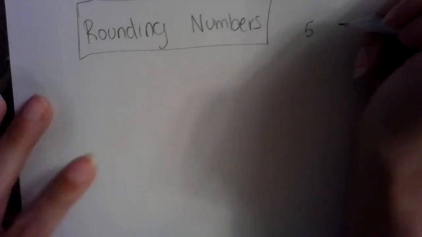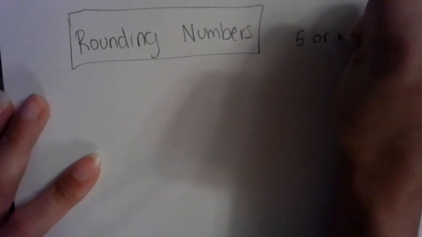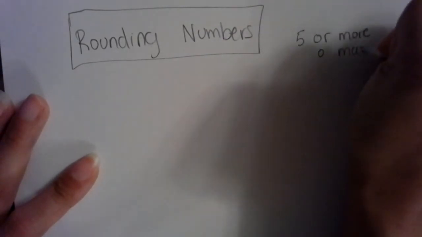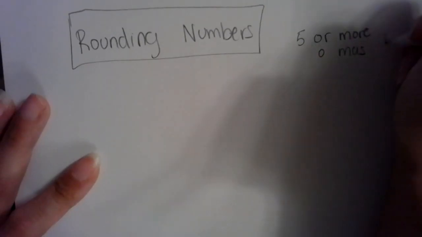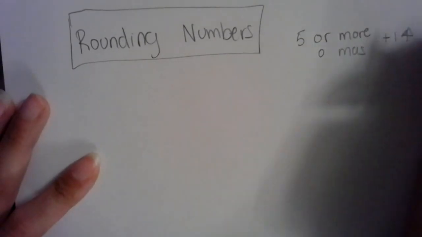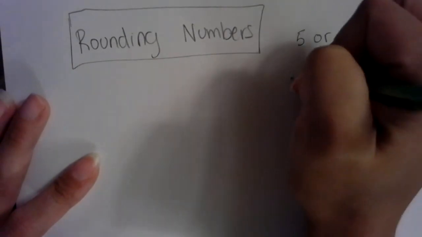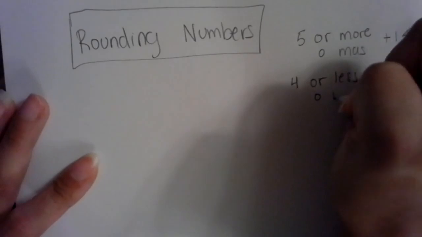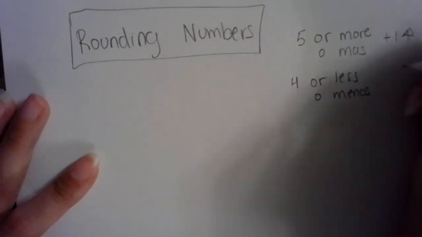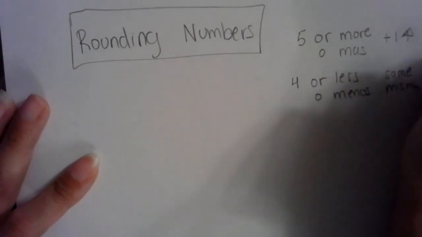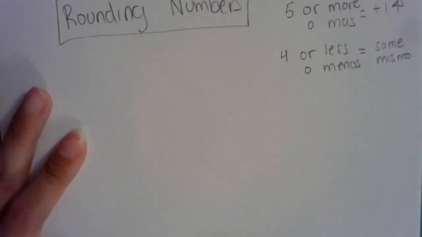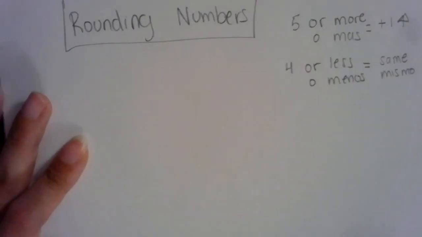You're going to hear this repeated: 5 or more, cinco o más, we go up 1, plus 1, más uno. 4 or less, cuatro o menos, it's going to stay the same, mismo. This will make more sense in a minute.